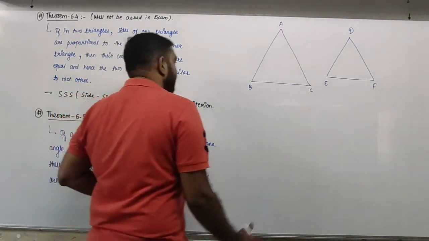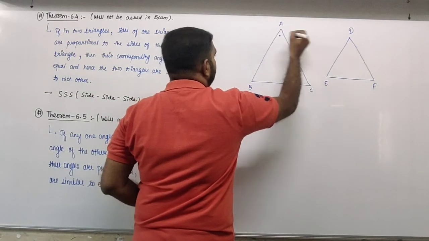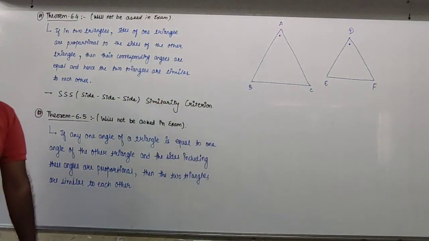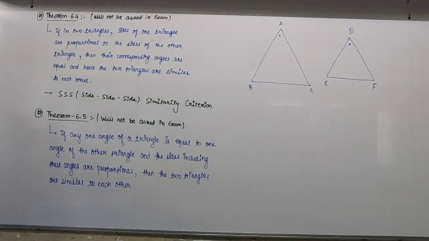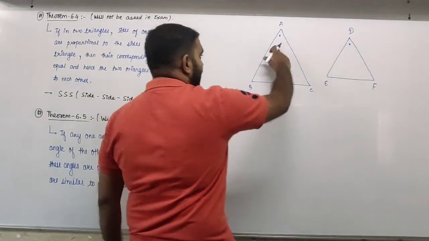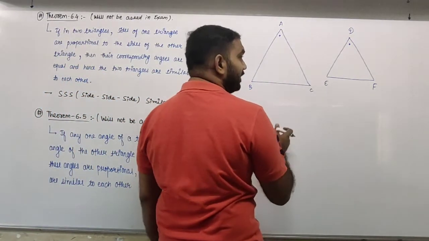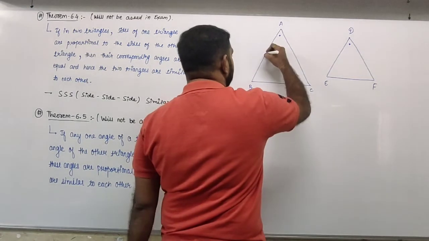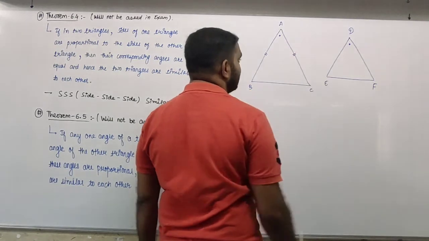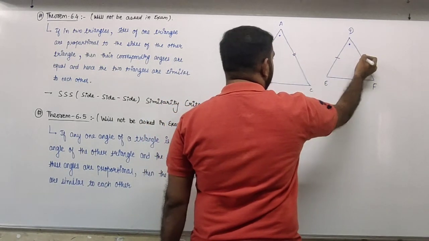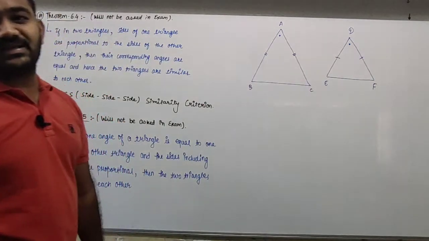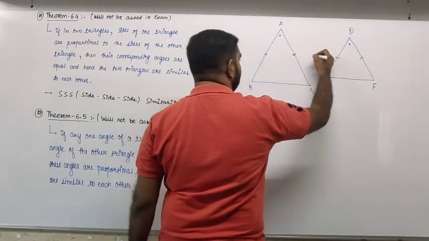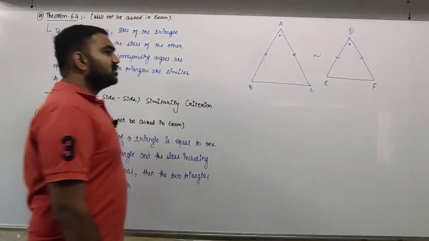If angle A and angle D are equal, and the sides including these angles, that is AB and AC in ABC and DE and DF in DEF, are in the same proportion, then these two triangles are similar to each other.